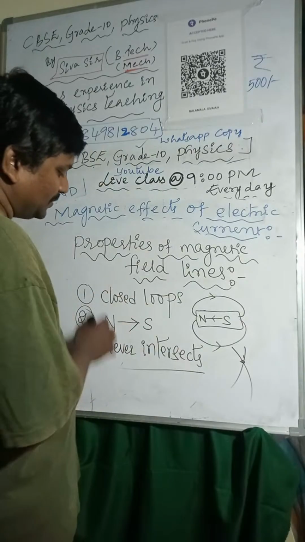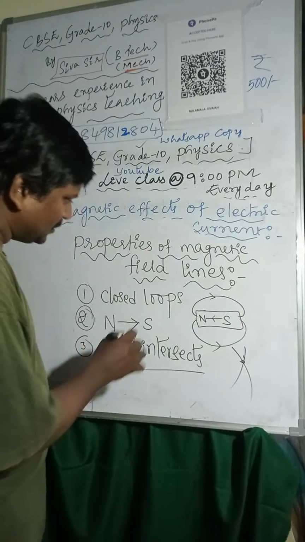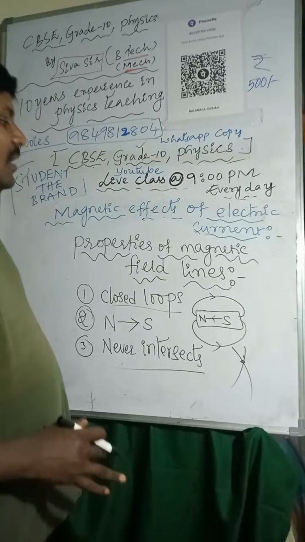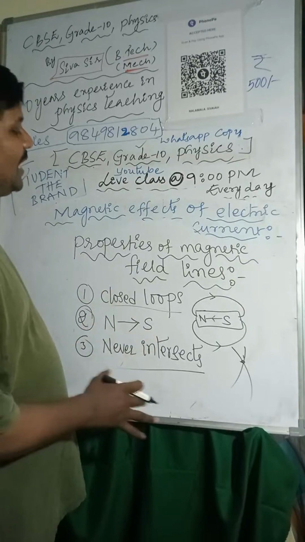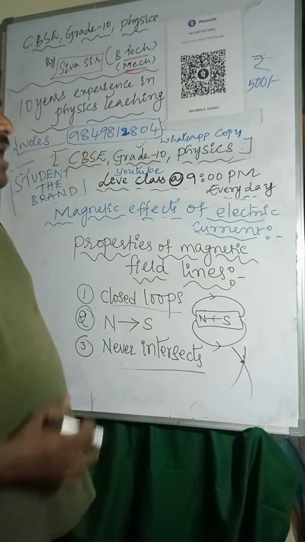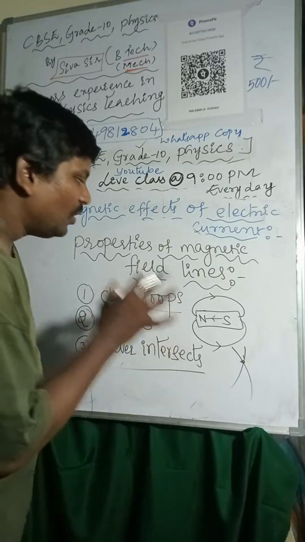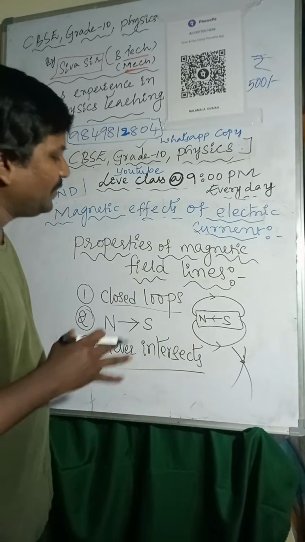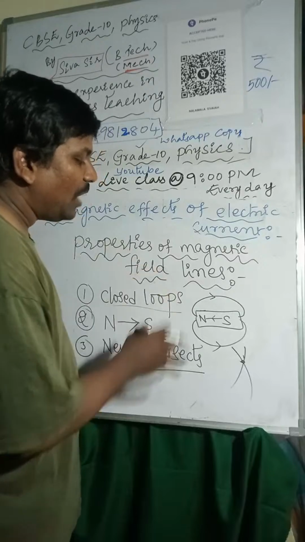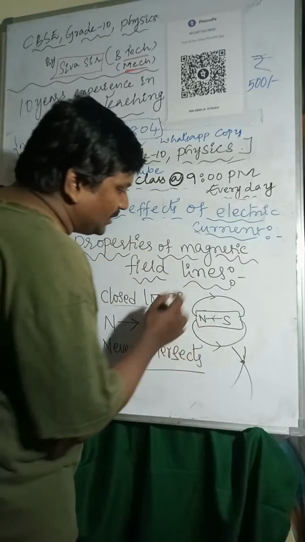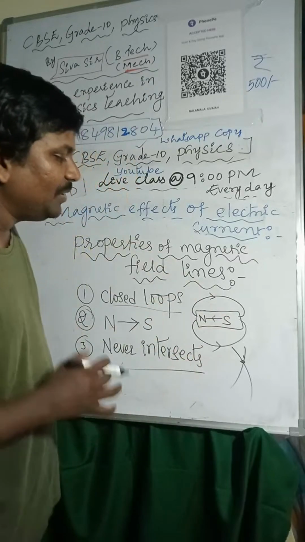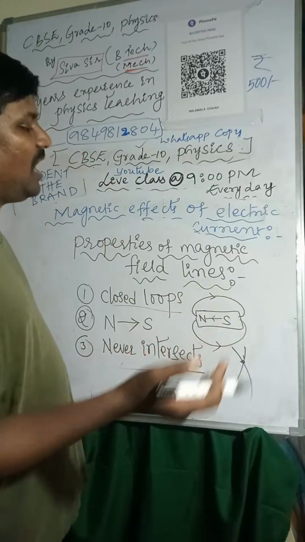So closed loops. Magnetic field lines are closed loops. Magnetic field lines direction outside the bar magnet is north to south. Inside the bar magnet it is south to north.